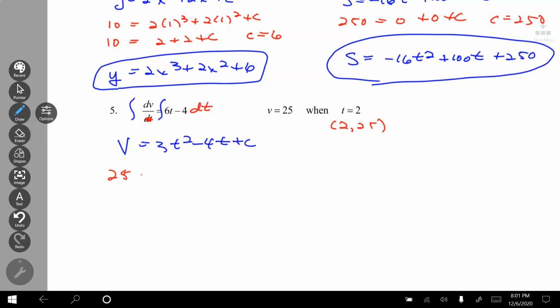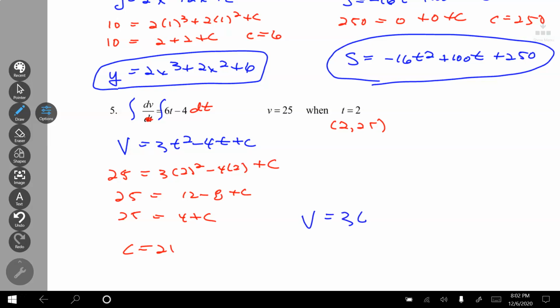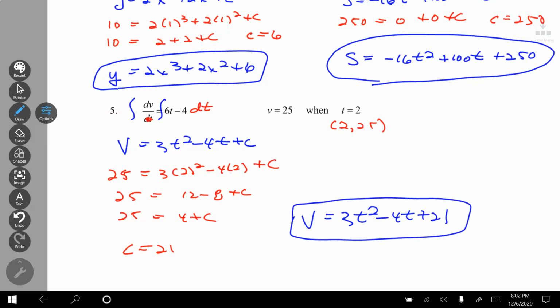So 25 is equal to 3 times 2 squared minus 4 times 2 plus c. 25 is equal to 12 minus 8 plus c. 25 equals 4 plus c. c equals 21. So I get my v equation is going to be 3t squared minus 4t plus 21. And that's a review of what we did in our earlier units when we took antiderivatives.